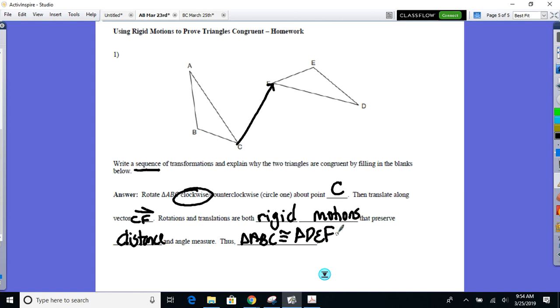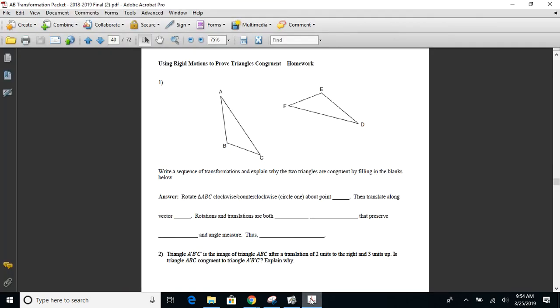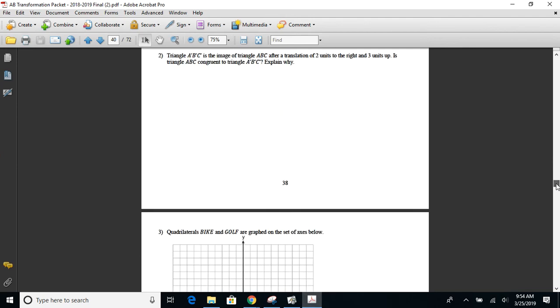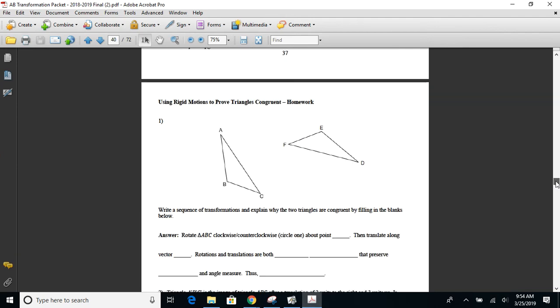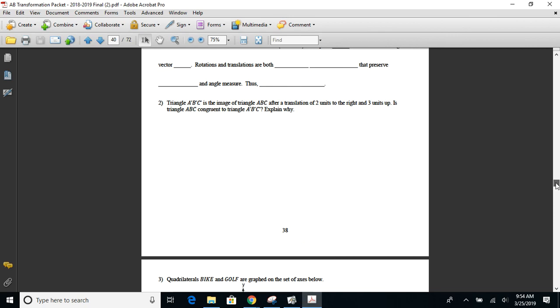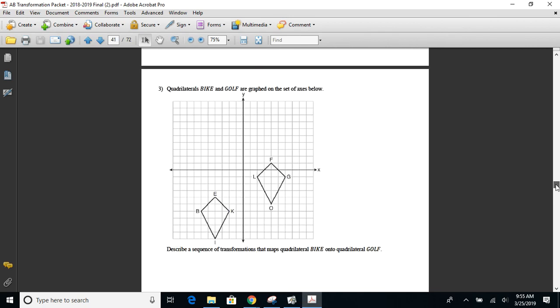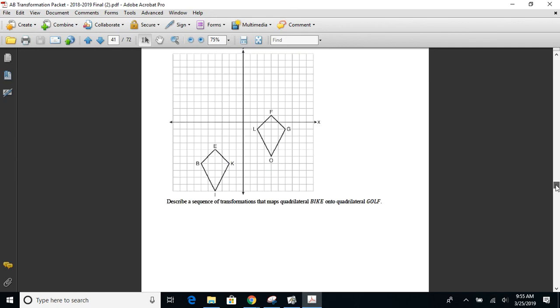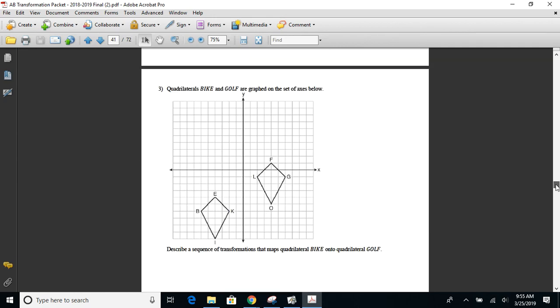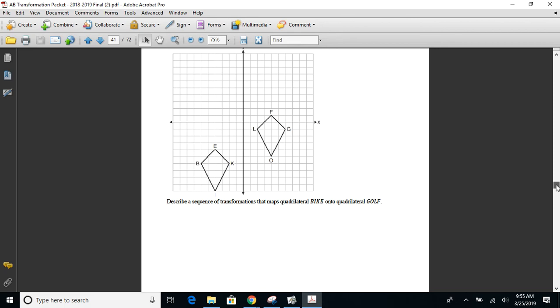All right. So keep working in your groups. Everything else should be on the graph, I believe. Yep, 2's not on a graph, but you don't need one. Also, heads up, when you get to number 3 with those kites, I'm not asking why they're congruent.